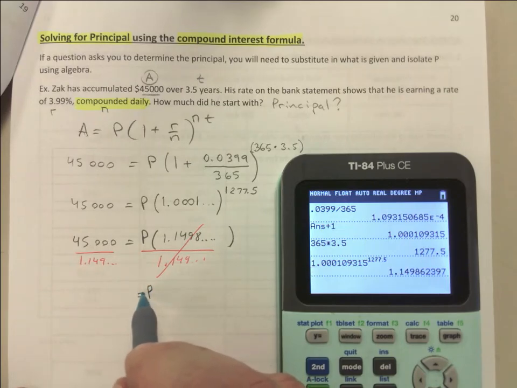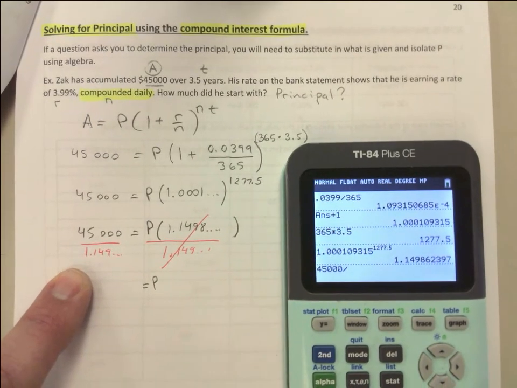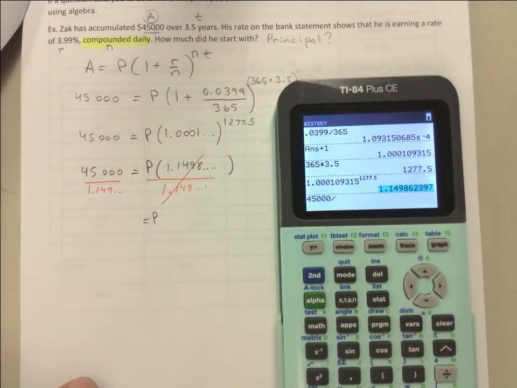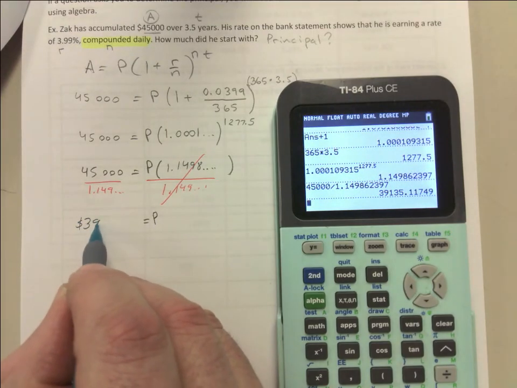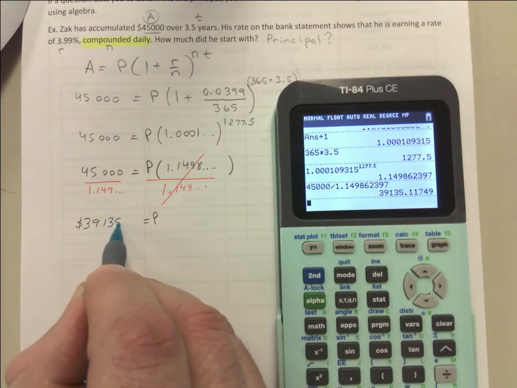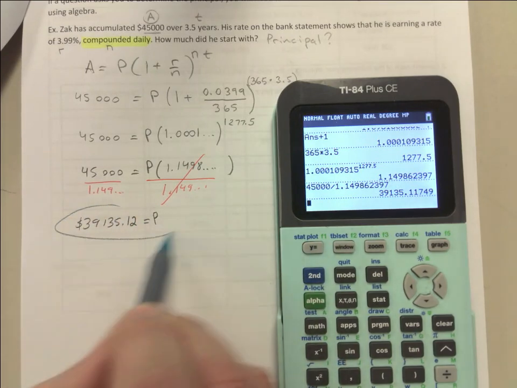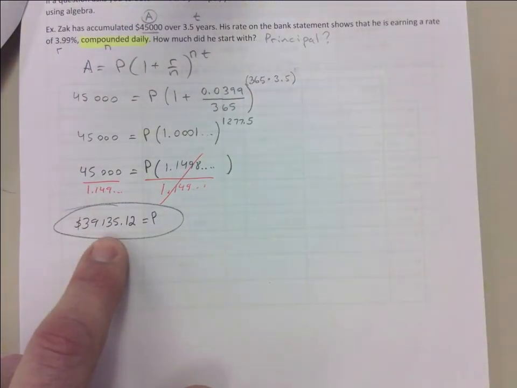Principal is 45,000 divided by, I'm going to copy paste, 39,135.12. Okay. So now you figured out how much you started with.